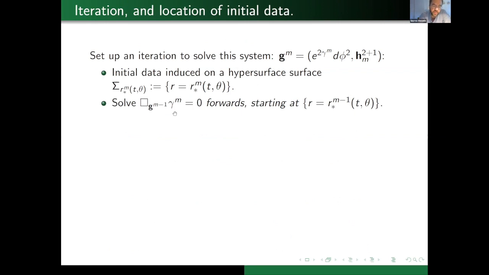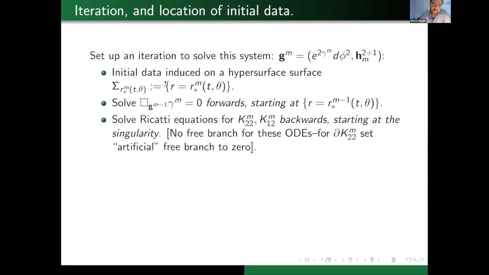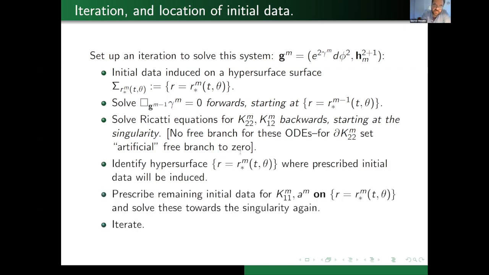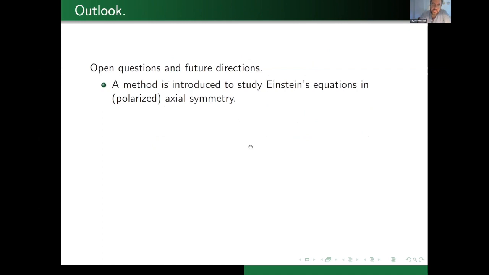I then solve the free wave forwards towards the singularities, and then some of the Riccati equations are solved backwards. Then I identify the next hypersurface where the initial data should live, and I can solve for the remaining things forward and iterate. I don't want to give any more details. I think I've tired everybody a bit too much. So let me just give a small summary.